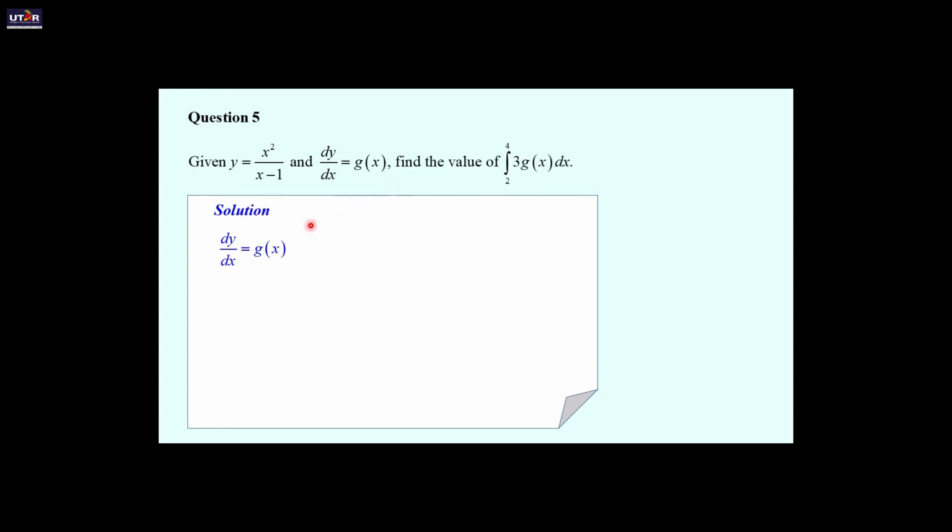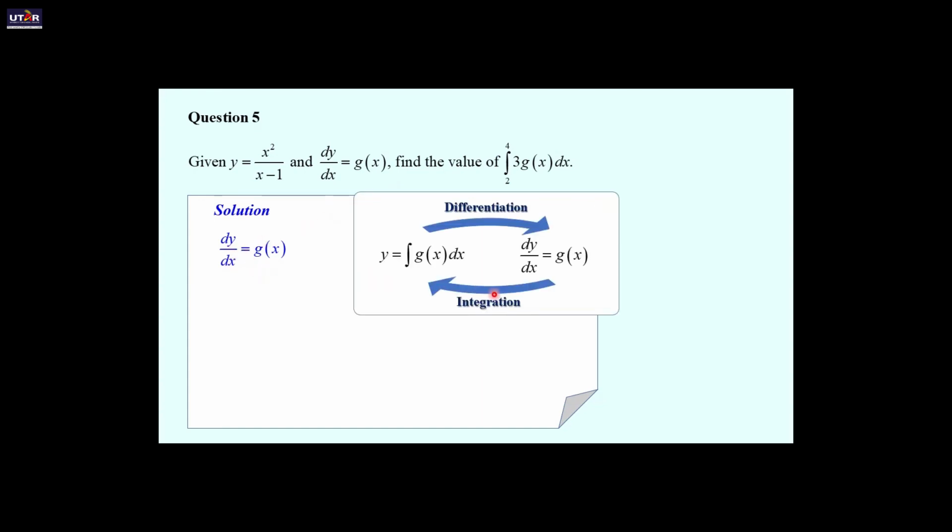Since you are given that dy/dx is equal to g(x), we know that integration is the reverse process of differentiation. So you can also write y is equal to the integral of g(x) with respect to x.